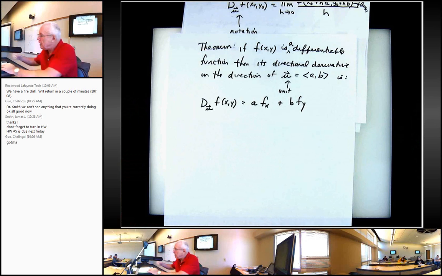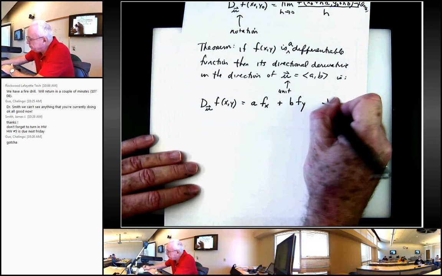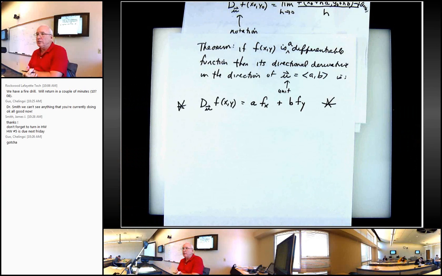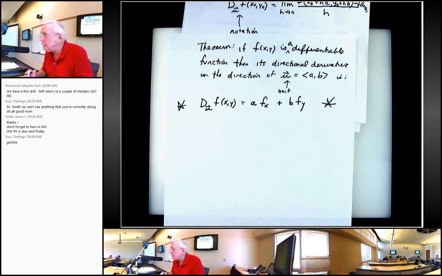Okay. This right here, asterisk, is what you're going to be using in homework, etc., on calculating directional derivatives. So notice that the only thing different here is that we have to be multiplying the f_x and the f_y by numbers, okay?